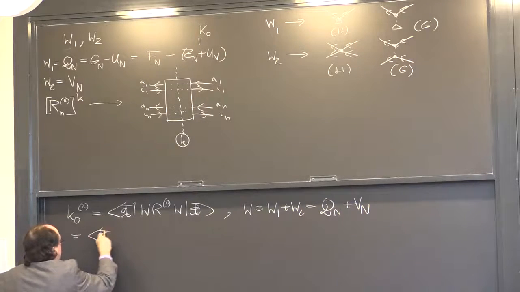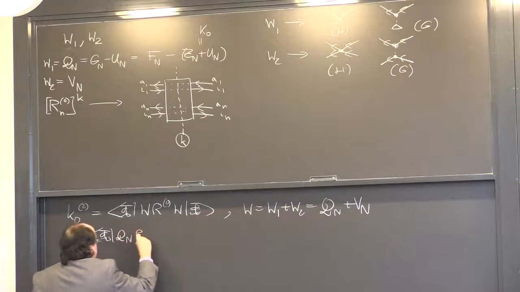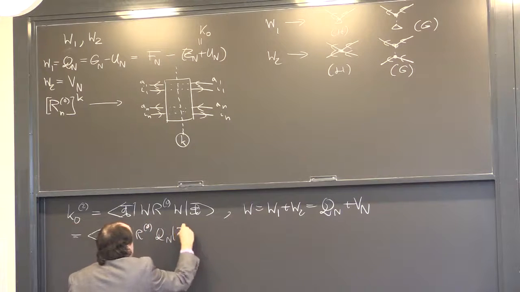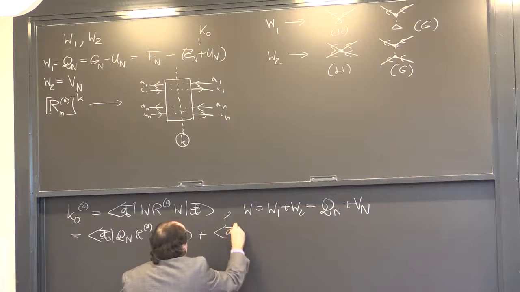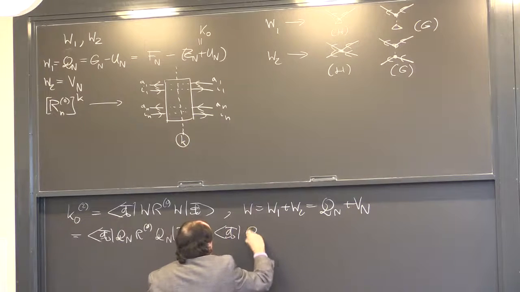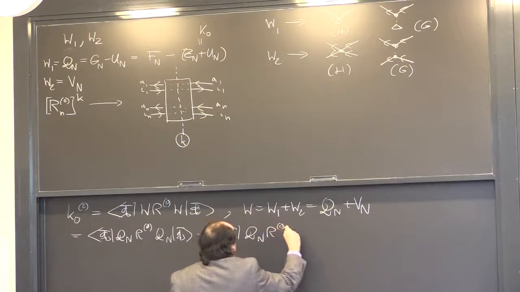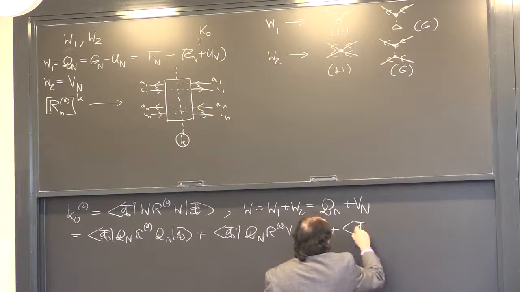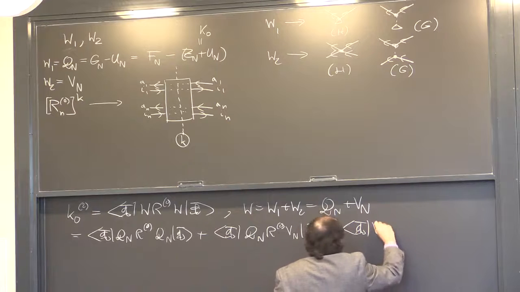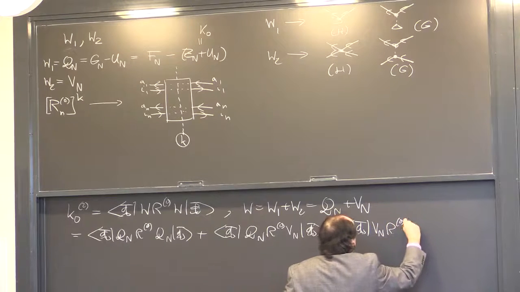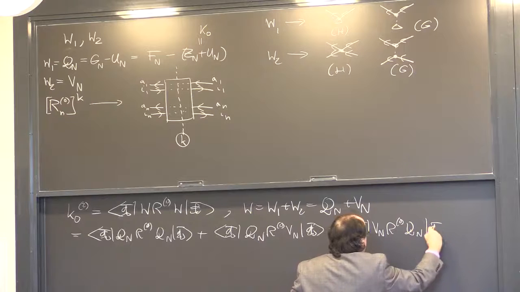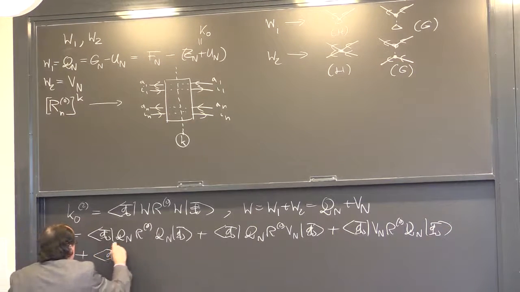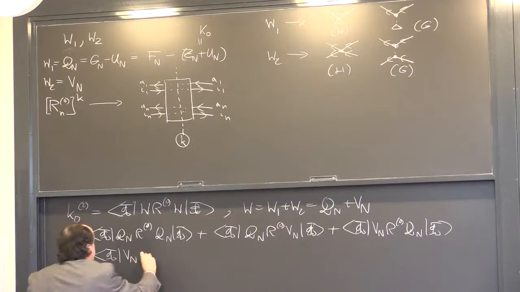Phi 0 Qn resolvent Qn phi 0, plus phi 0 Qn resolvent Vn phi 0, plus phi 0 Vn resolvent Qn phi 0, and plus the fourth contribution, which consists of Vn operators only.